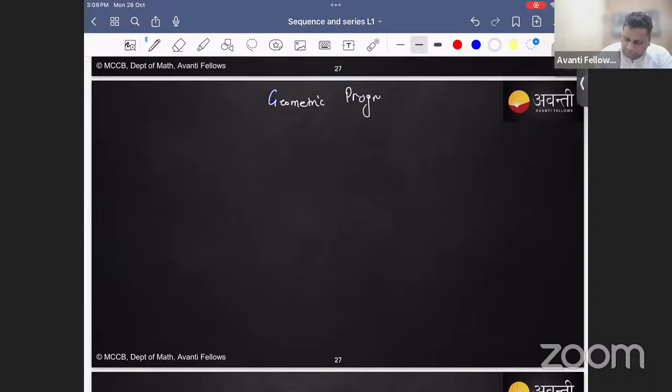This we will do in a quick session, because you have already covered geometric progression in your NCERT.